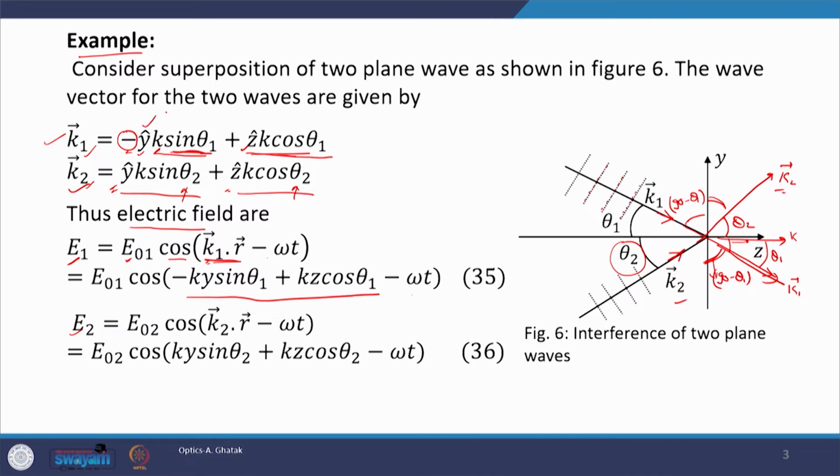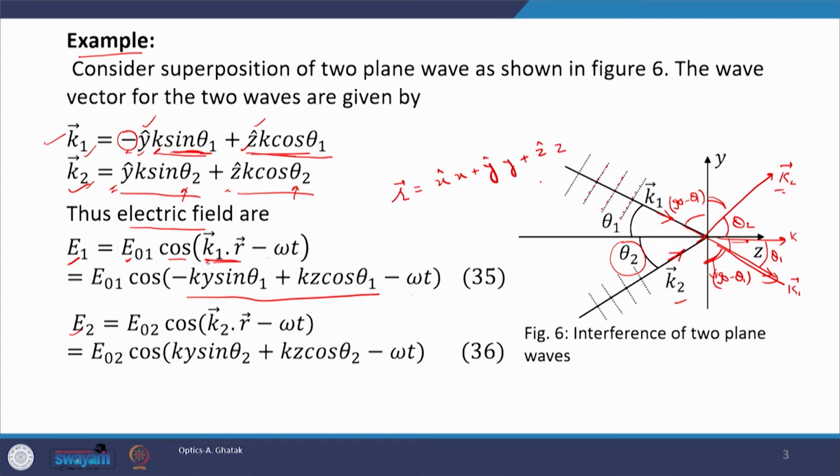And now you see that once you take the dot product of k1 with vector r, then the unit vectors are gone here, which is obvious, because r is a vector which also has its components. It has x component, y component, z component, and if you write this vector in its component form, then you can write r as x cap into x plus y cap into y plus z cap into z.